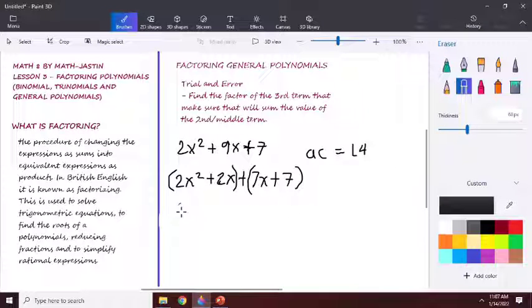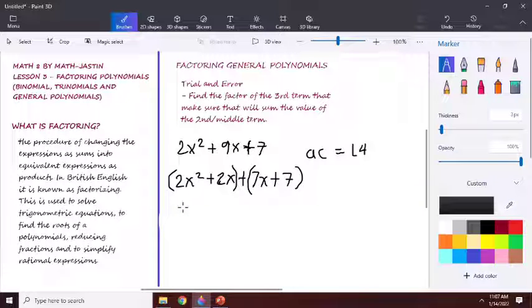So, ganito. Next step is factor. Since they have the same leading coefficient, we have 2x. So, factorize. Dito nyo i-apply yung naging steps natin sa factoring binomial. So, magsisimula tayo.